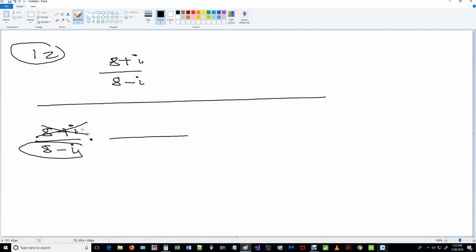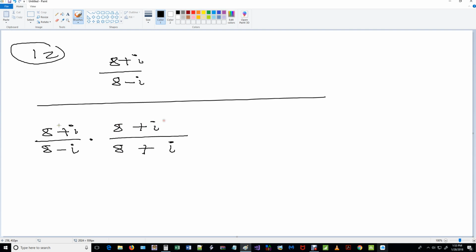You can ignore the top for right now. On the bottom, you have 8 and i separated by a minus. So what we do, we multiply by the conjugate, and the conjugate means give the same number, so 8 and then i, but instead of minus, you would do plus. If it was a plus, you would do minus. And if you multiply the bottom by 8 plus i, you have to multiply the top by 8 plus i.